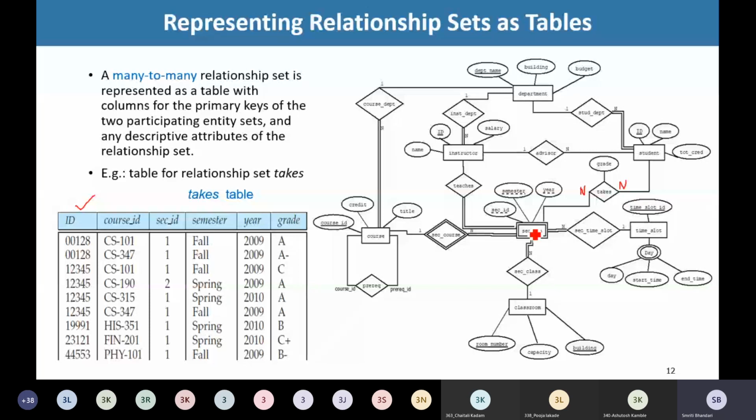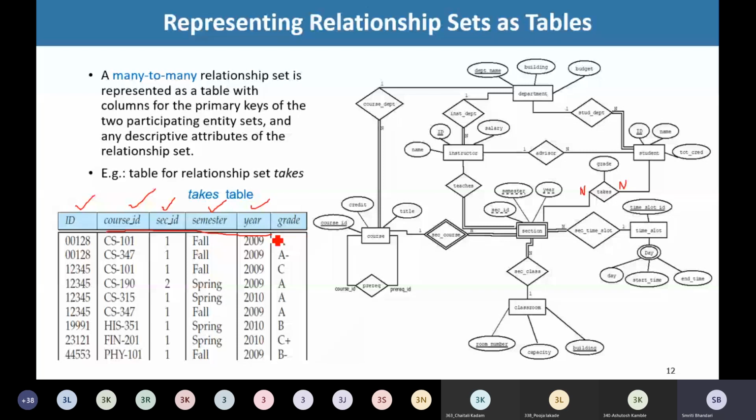So for section, we will have course ID, section ID, semester and year. These four attributes form the primary key of section.